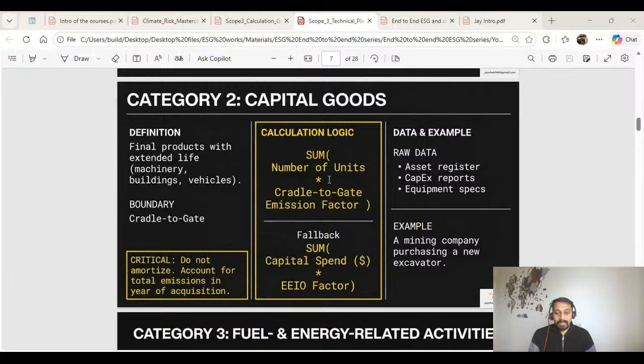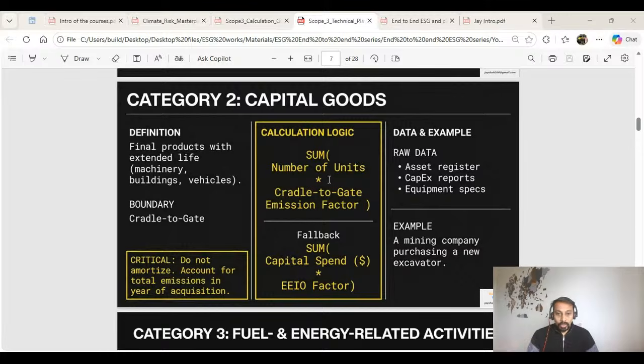Cradle to gate is also often called well-to-tank, that is WTT, and in life cycle emissions it is called cradle to gate. So if you buy 5 excavators of JCB or any other machinery, as an example, you have to multiply by the manufacturing footprint of one excavator.